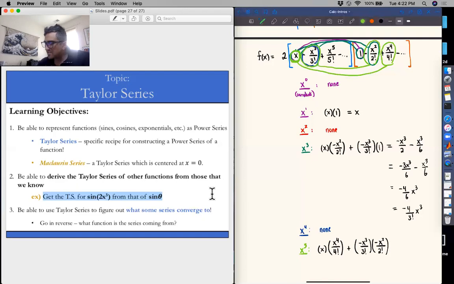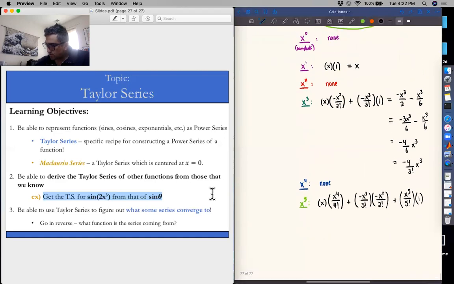All right, what's the last way we can get an x to the 5th highest power? Well, we can take that x to the 5th over 5 factorial and multiply it by that 1. And that's how we can get x to the power of 5 terms.